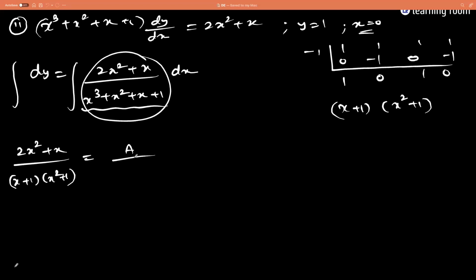So this will be equal to a divided by (x plus 1) plus (bx plus c) divided by (x square plus 1). Right. So I'll give you 2 minutes time. Calculate the value of a, b, c.